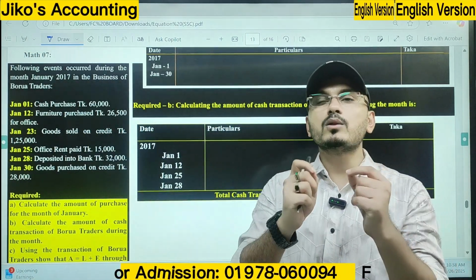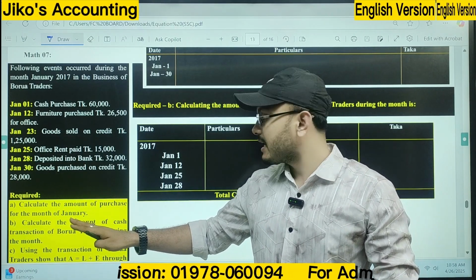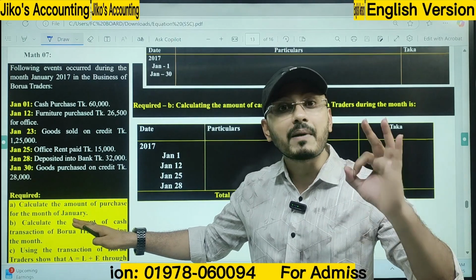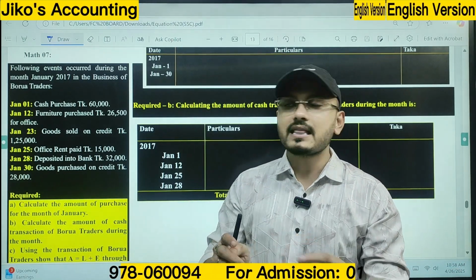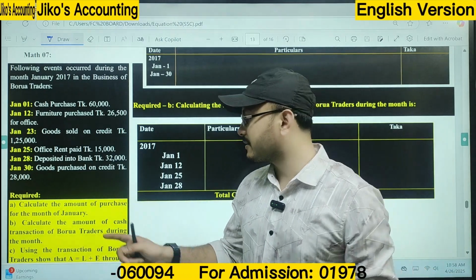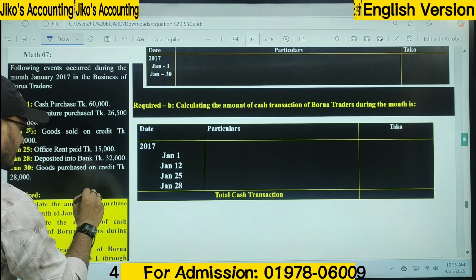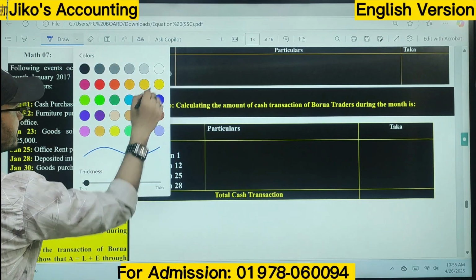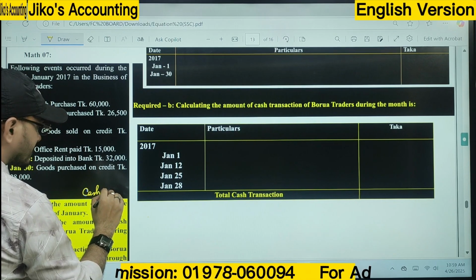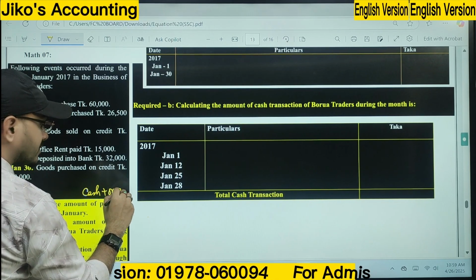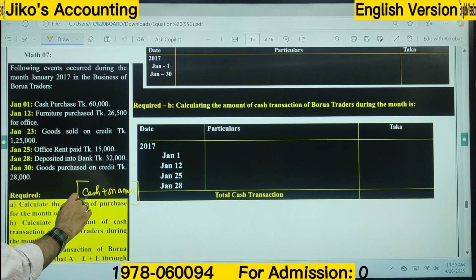That means both of the transactions would be included in this requirement. We haven't been directly told cash purchase or on account purchase, there is nothing mentioned at all. That means we have to calculate both cash and non-cash transactions, all of them. Is it clear? Cash plus outstanding or on account purchase, all of that. These two would be included here.